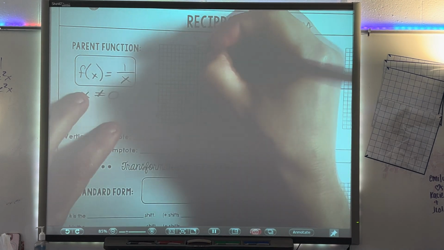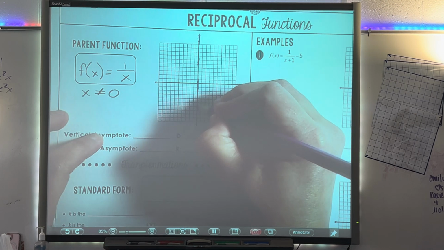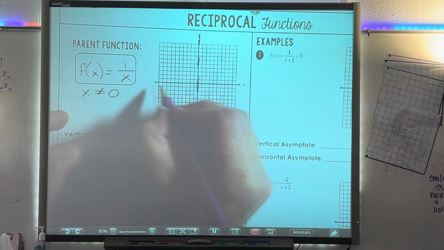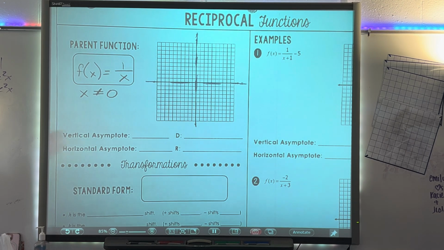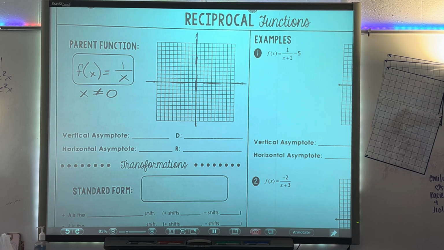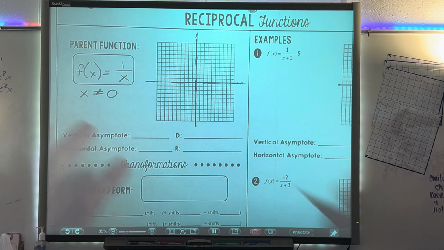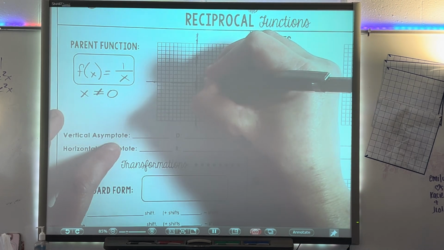For the parent function, the vertical asymptote is at 0, and it also has a horizontal asymptote at 0. The reciprocal is going to have both. If I plug in 1 right here, I have 1 over 1, which is 1.